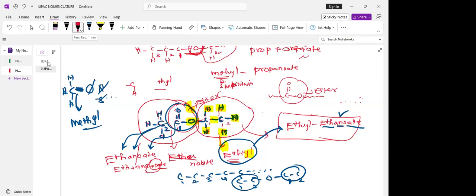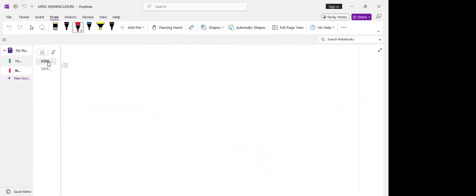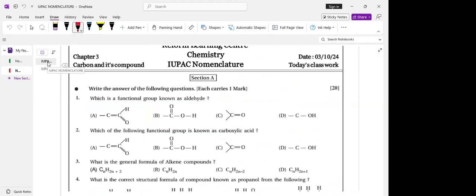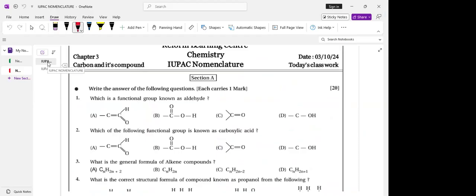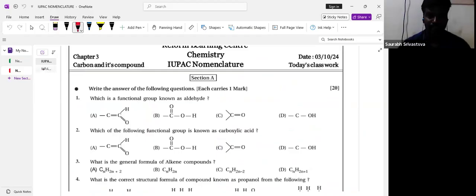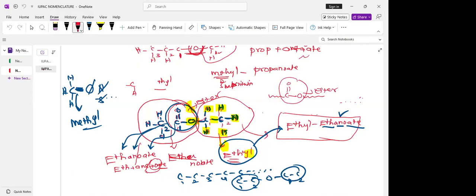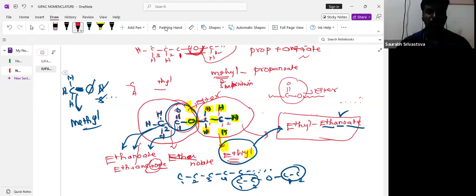But sir, in the ester functional group, we write ATE, right, sir? And how is that O coming? What OAT should we write, sir? Before I had written ATE. No. It is OATE outright.